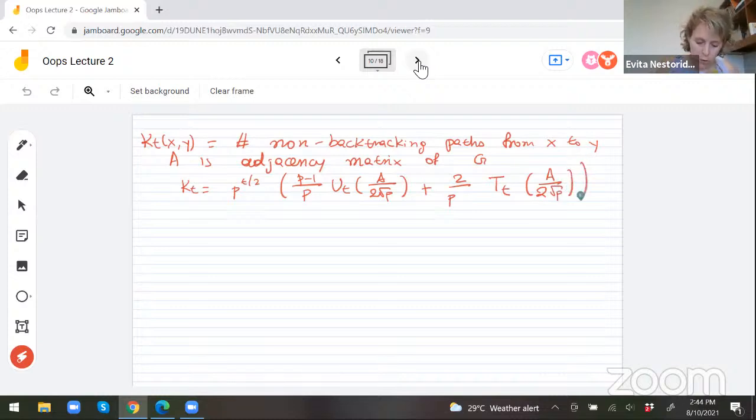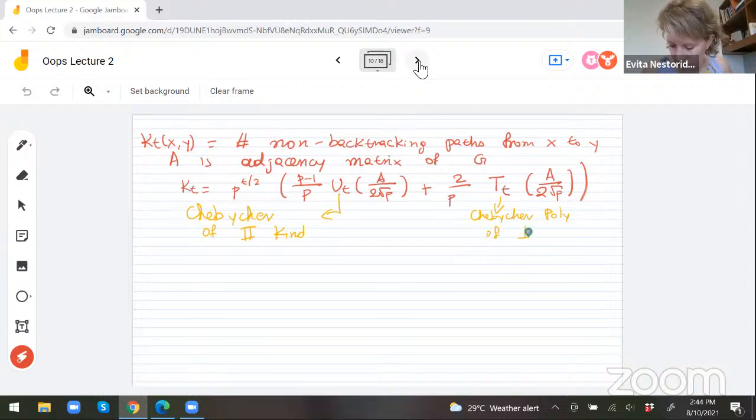So on any graph, not only on Ramanujan graphs, this equality holds, where these are the Chebyshev polynomials of the second kind. And these are the Chebyshev polynomials of the first kind. We have formulas for those.